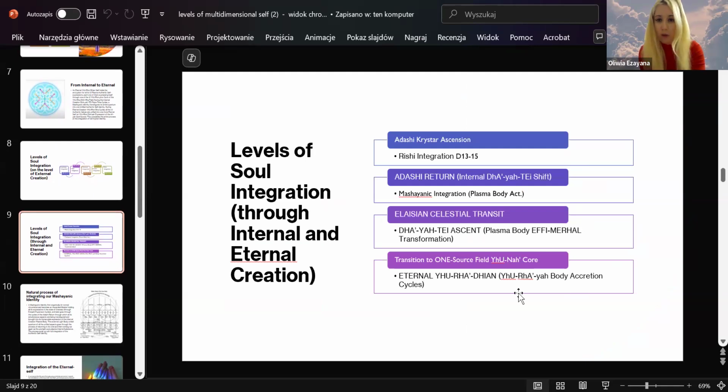So as the eternal Euradian self is going through the process of integration and review of all of its aspects, because your Urea body is holding all of the aspects of your identity put together, it is progressively going through the process of the transition to the one source field, Unacore. So I would say it's relatively simple.